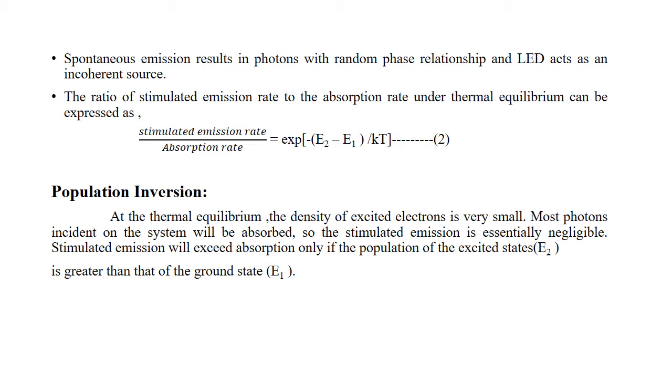So the stimulated emission is essentially negligible, and it will exceed the absorption only if the population of the excited state E2 is greater than that of the ground state E1. This condition is known as population inversion.